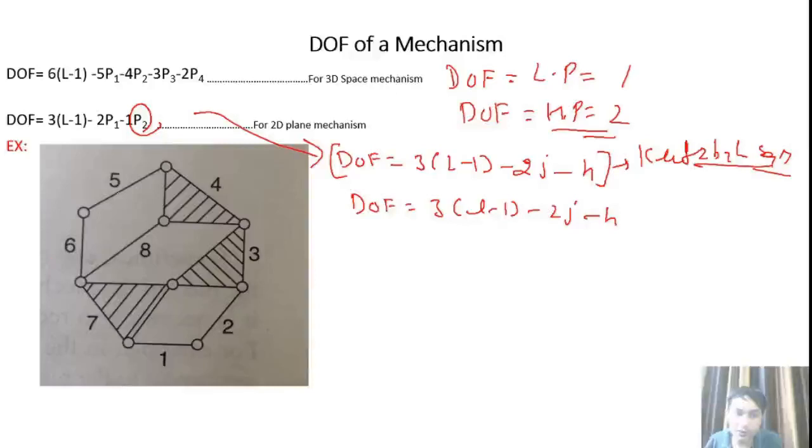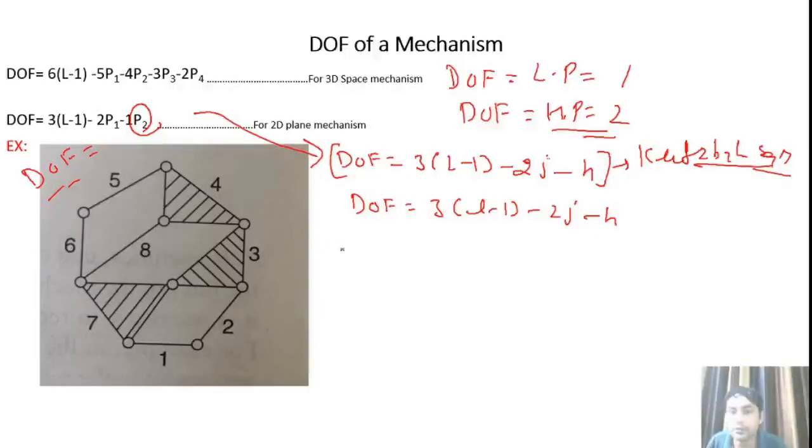Now what is the degree of freedom of this question? Can you find the degree of freedom of this question? Remember, J is the number of joints or lower pairs, meaning the number of binary joints. Here count the number of links: 1, 2, 3, 4, 5, 6, 7, 8.